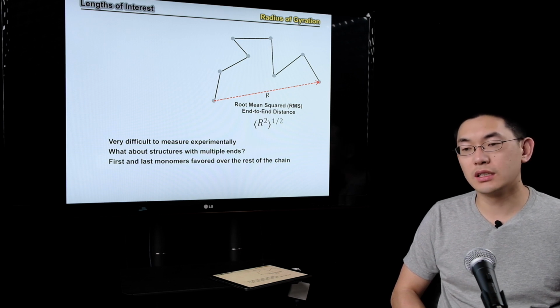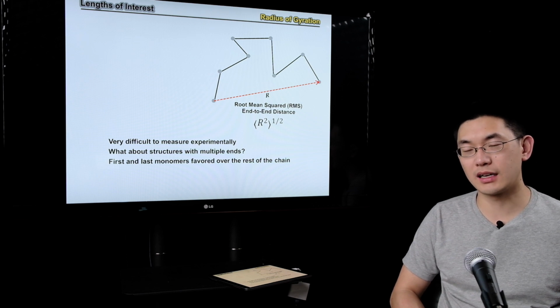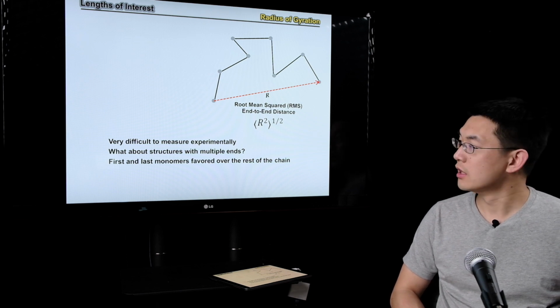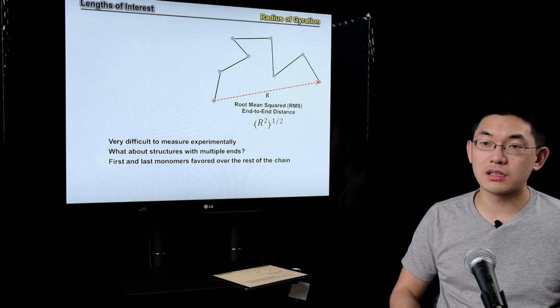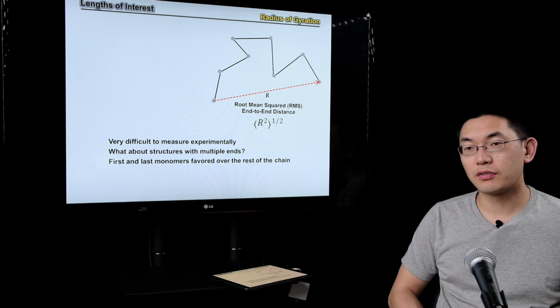His lecture in chapter 7 will talk about light scattering and X-ray scattering techniques that are able to measure something called the radius of gyration. It's not end-to-end distance, but those two parameters are closely linked. We will start the next lecture by talking about what this radius of gyration is, and we can go from there.